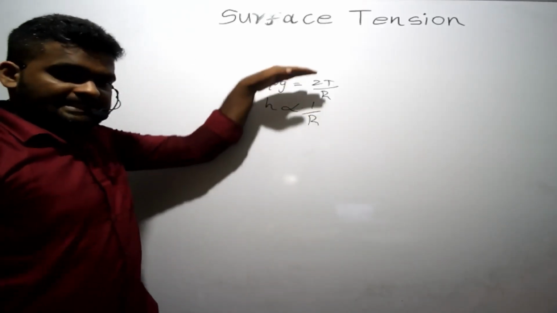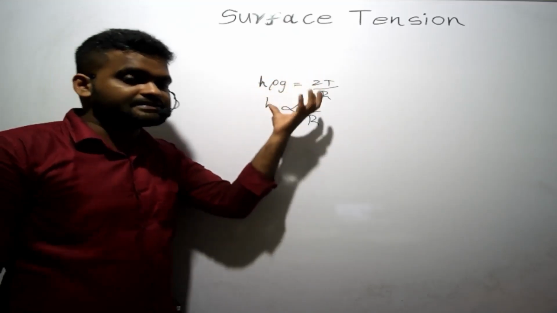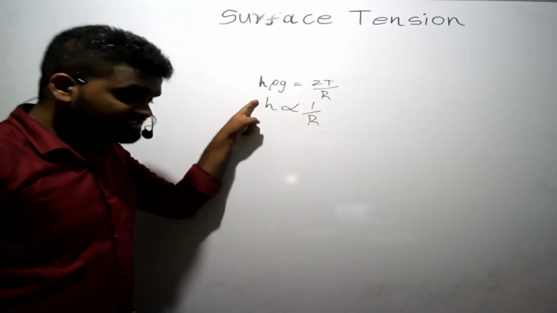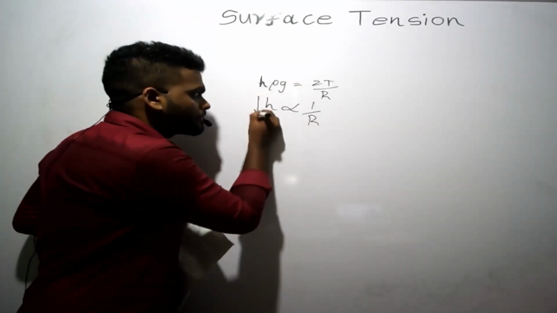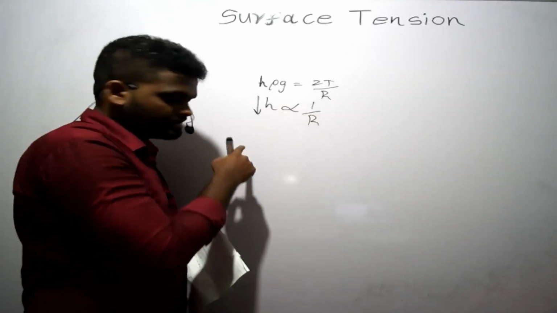There's a certain amount of capillary rise, but since the length is not sufficient, by force, h is reduced. Capillary rise is reduced. Understand? Capillary rise is reduced.